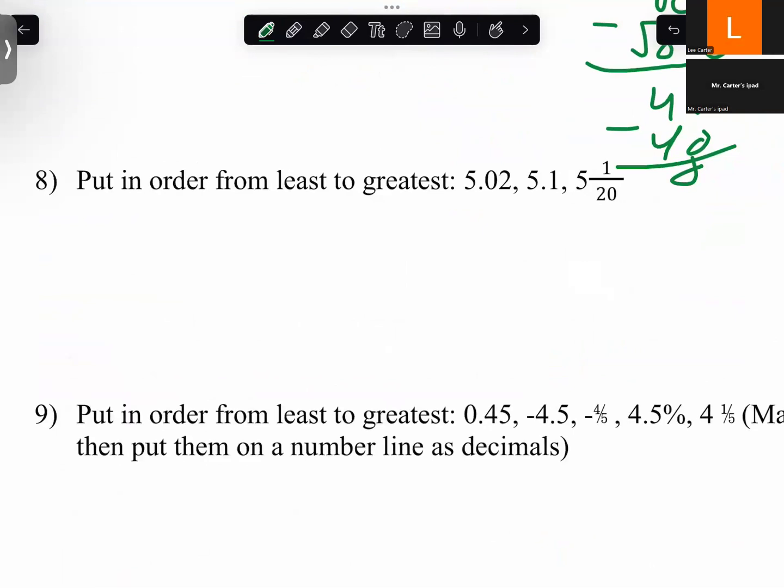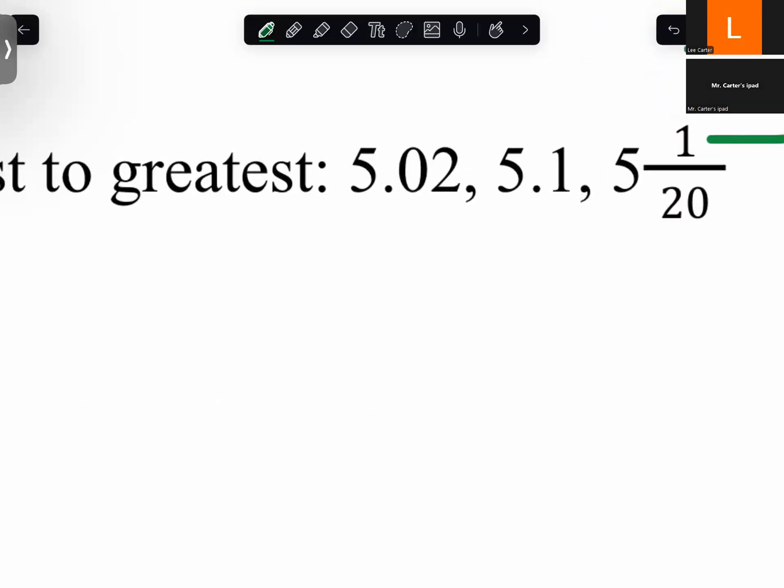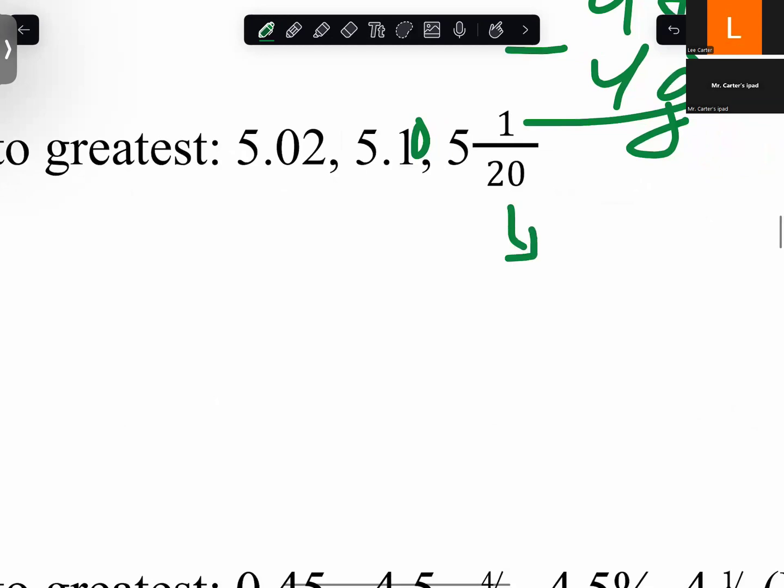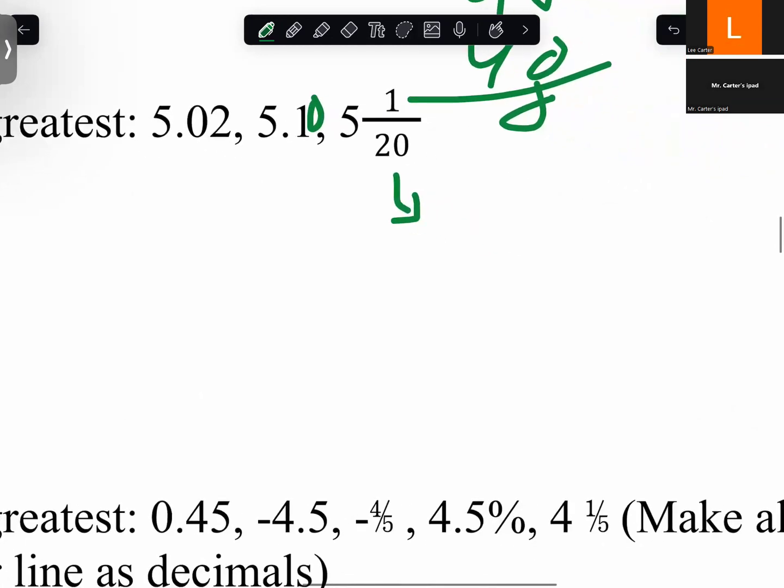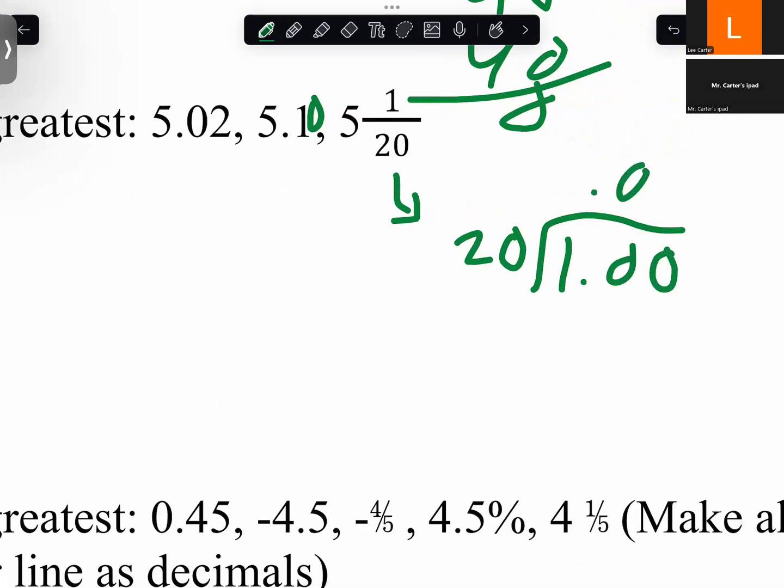All right, number 8. Least to greatest here. Okay. So here we have 5.1. We can put 5.10 there. Now we just have the 1/20th. For the 1/20th, we go 20 into 1.00. 20 doesn't go into 10. 20 does go into 100 5 times.